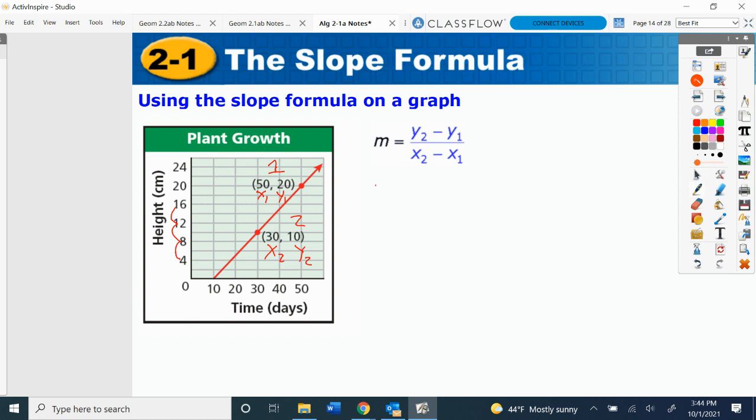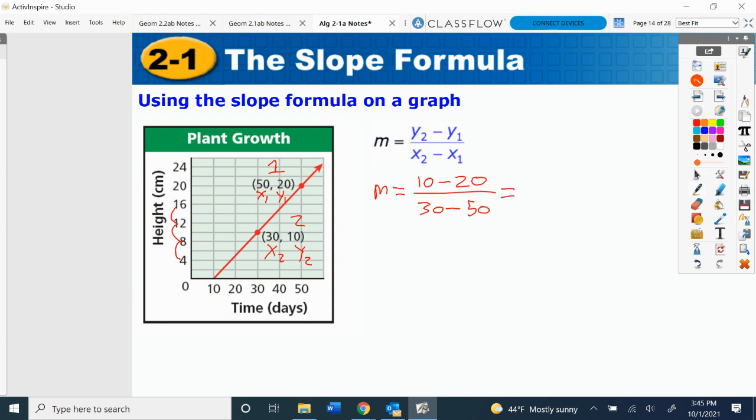All right, so if I do that, let's just put these numbers where they would go. So I need y2 minus y1, so that's going to be 10 minus 20 on top. Okay, and then underneath, I need x2 minus x1, so that's going to be 30 minus 50 for underneath.